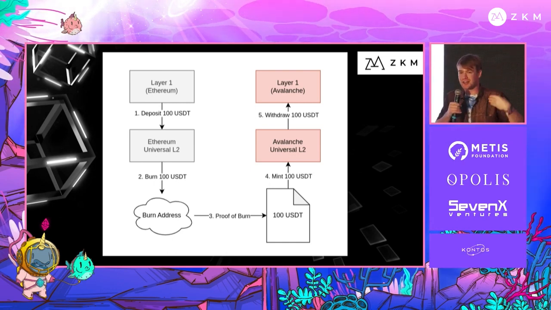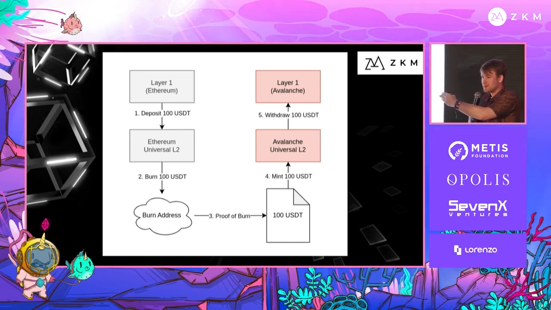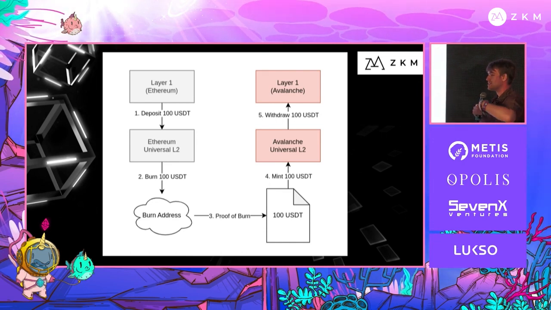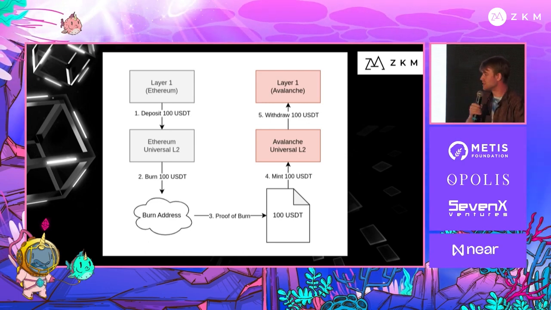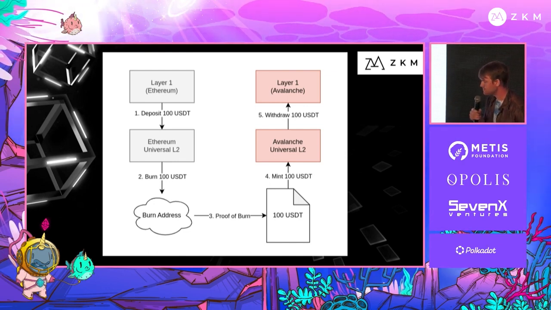This ensures that this transaction is secured by native L1. Secured and finalized. So that means that nobody can say that they burnt something, but in fact not have burnt it. So this liquidity, this 100 USDT, is provably removed from the ecosystem.